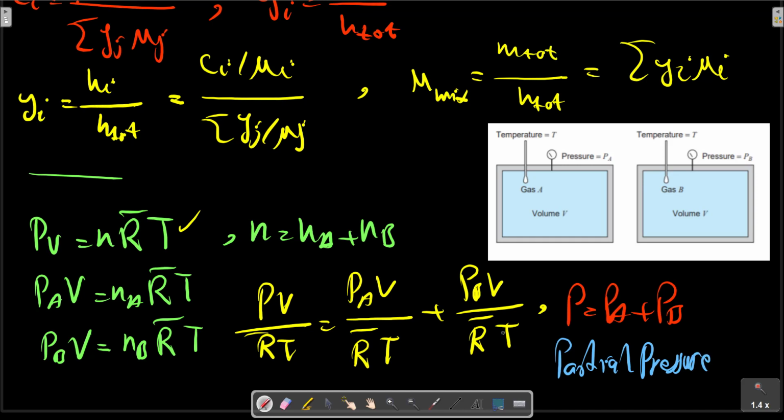Thus, for a mixture of ideal gases, the pressure is the sum of partial pressures of the individual components.